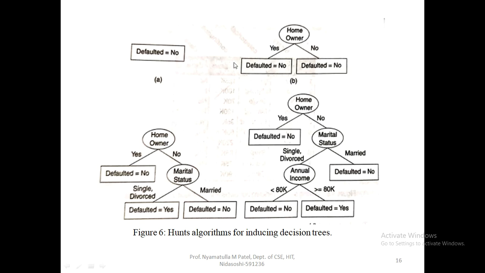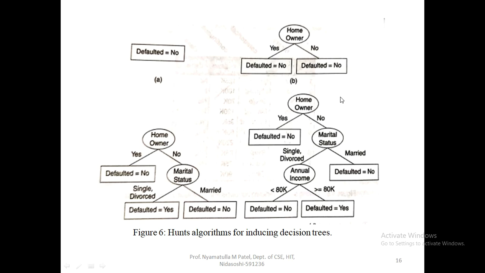Let us go to the second condition. Here I am testing one condition. In this case I am not testing any condition, so the defaulted value is no, whereas in this case I am testing the condition of homeowner, whether a particular person is a homeowner or not.